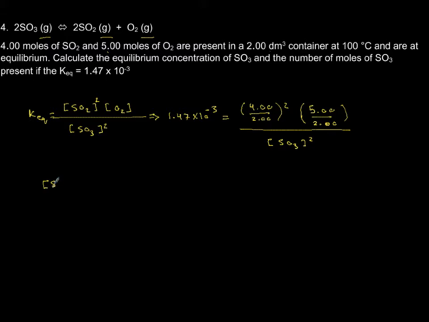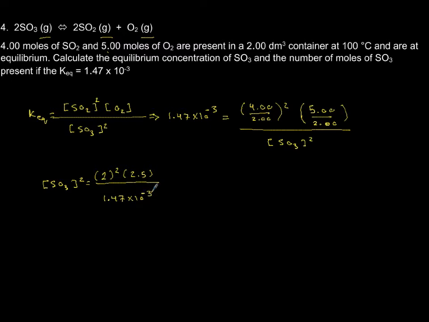So concentration of SO3 squared is simply equal to 4 divided by 2, which is 2, 5 divided by 2 is 2.5, but don't forget it's squared, so let's just write it as it is. So it's 2 squared times 2.5 divided by 1.47 times 10 to minus 3.